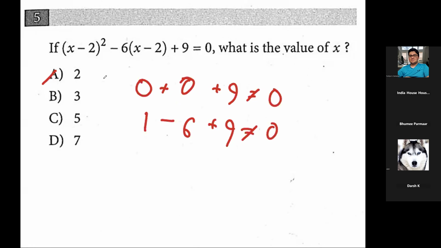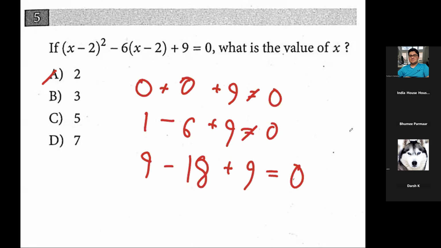If we plug in 5, 5 minus 2 is 3 squared, which is 9, minus 3 times 6, which is 18, plus 9 equals 0. 9 plus 9 is 18, minus 18 is equal to 0.